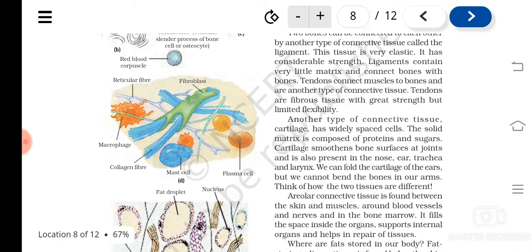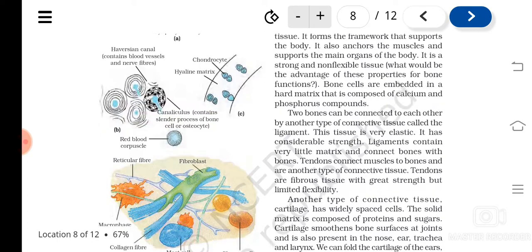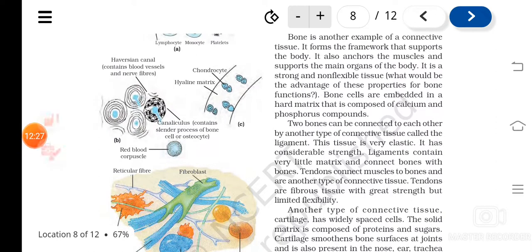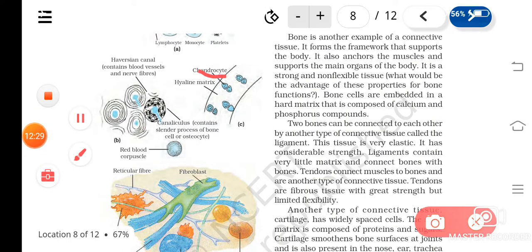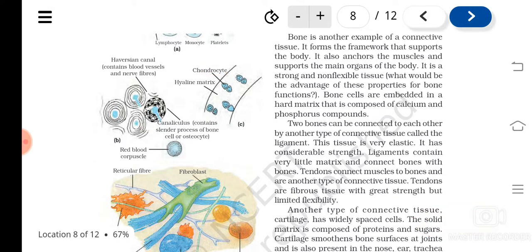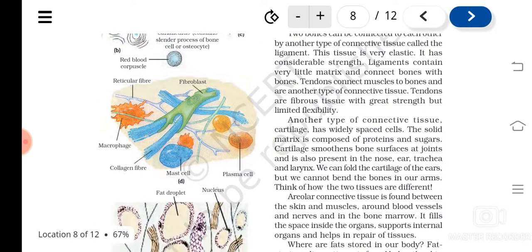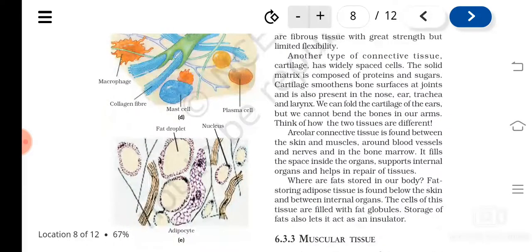Then another kind of tissue is cartilage. What are the cells of cartilage known as? Chondrocytes. Okay, you can see here chondrocytes. The cells are found in a matrix. What is the specialty of the matrix? Matrix will have sugars and phosphate, and it is not so hard as in the case of the bones. What are the cells of areolar connective tissues?